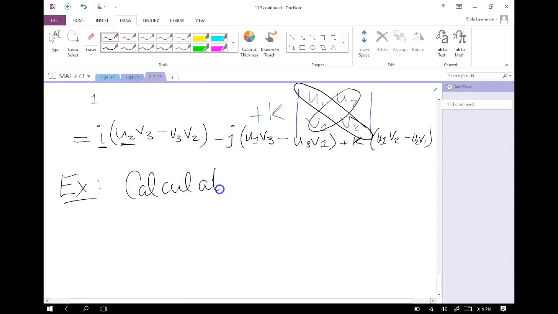Let's say what they asked you to do in the homework was to find first U times V, and then V times U, which is basically just a sign switch. Yes, it would just be a sign switch. If you switch the order of the cross product, it just switches the sign on everything.